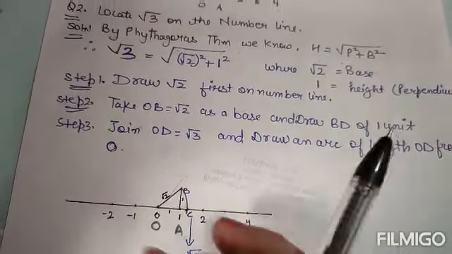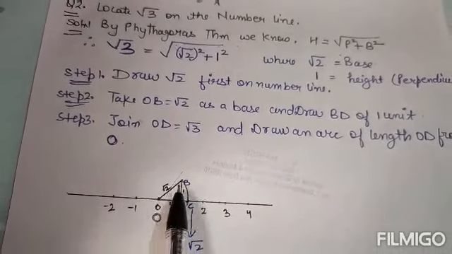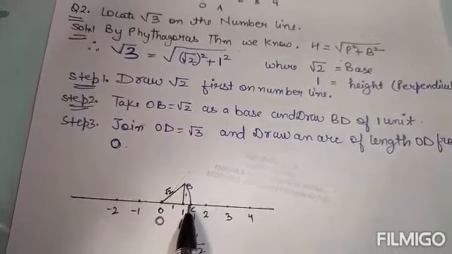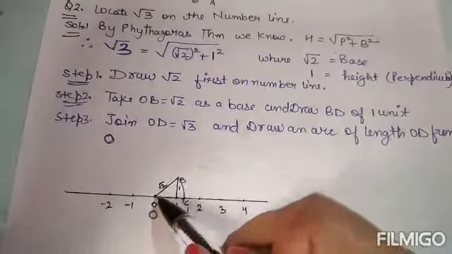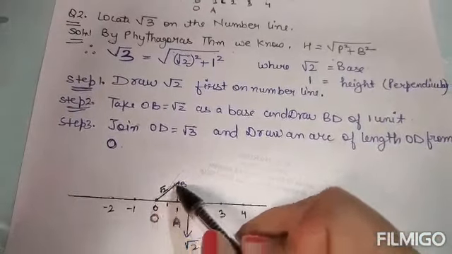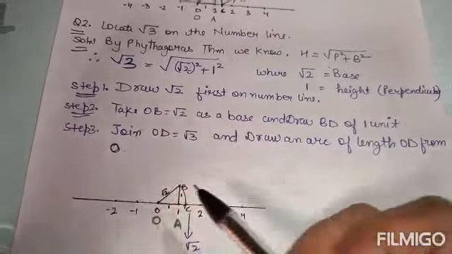Now make an arc from point O of length OB, and this will meet the number line at point C, which represents root 2. Now this line is root 2. It will be a base for our root 3.